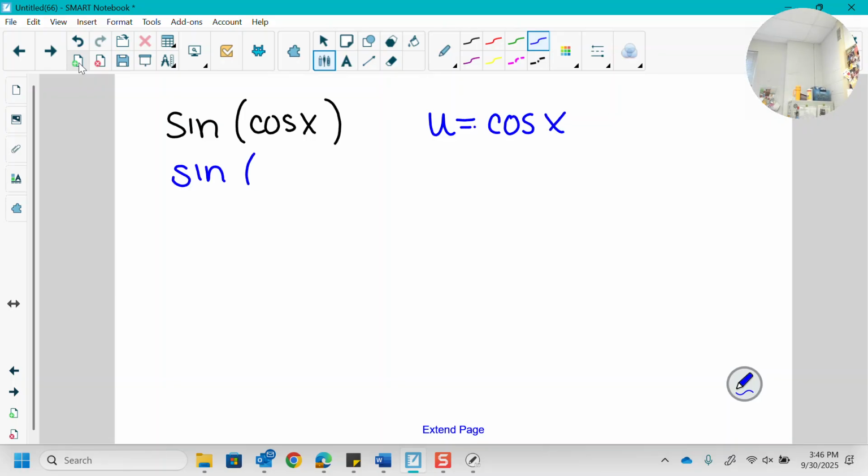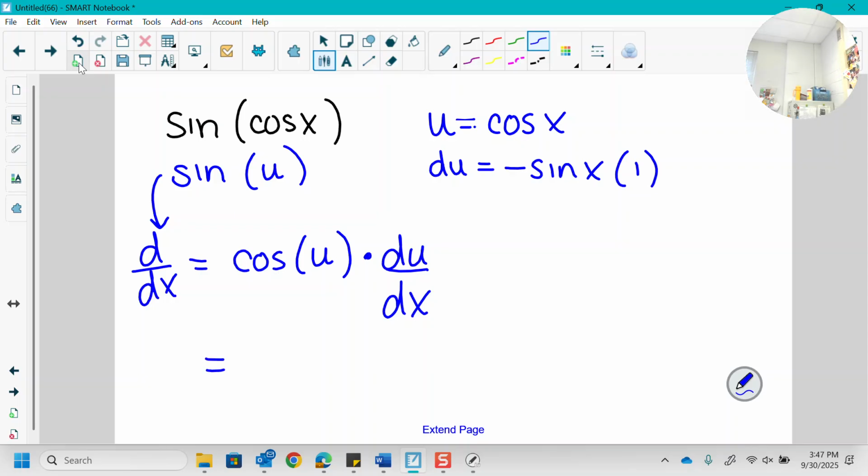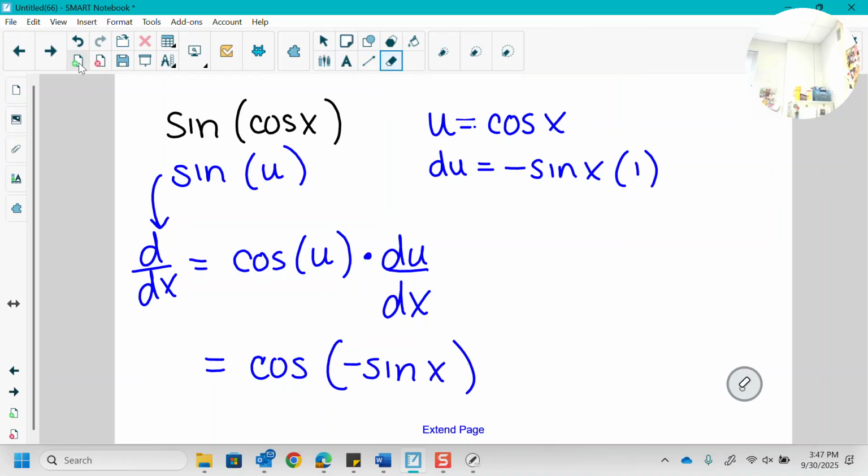And I have the sine of u, which the derivative is going to be the cosine of u times the derivative of u. If u is the cosine of x, then the derivative of u is negative sine x, technically times another one. So when I put these pieces together, I'm going to have the cosine of the negative sine of x times 1.